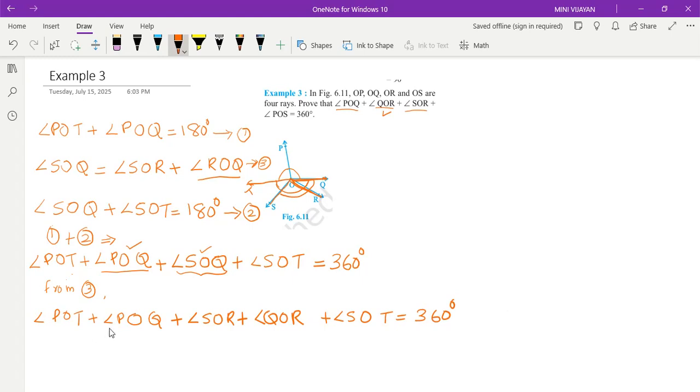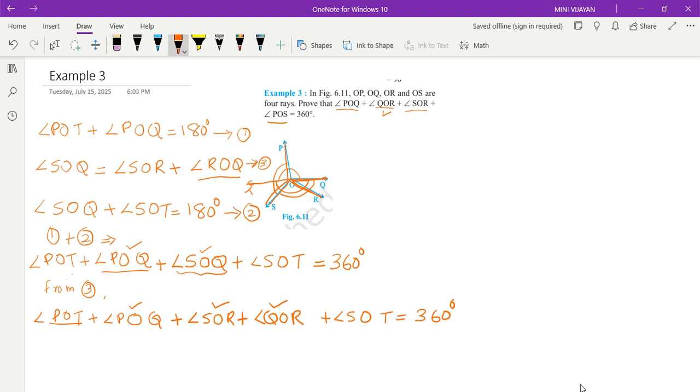Now for the equation we need to prove, we have 3 angles already. One more angle is left. What is that? Angle POS. When you check the figure, POS also has 2 angles in it. One is POT, another one is SOT. See here, we have POT here.